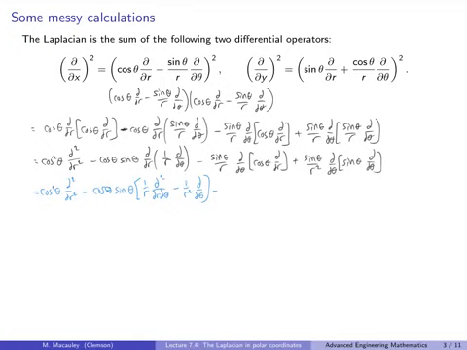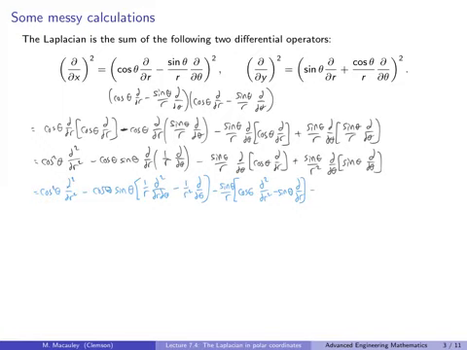Next, we have minus sine of theta over r times, now we've got to do the product rule in here too. So cosine of theta times d theta of d theta of d dr, which is d squared dr squared, and then plus the derivative of cosine, which is minus sine of theta times the second term dr. So again, it's messy, but it's very straightforward.